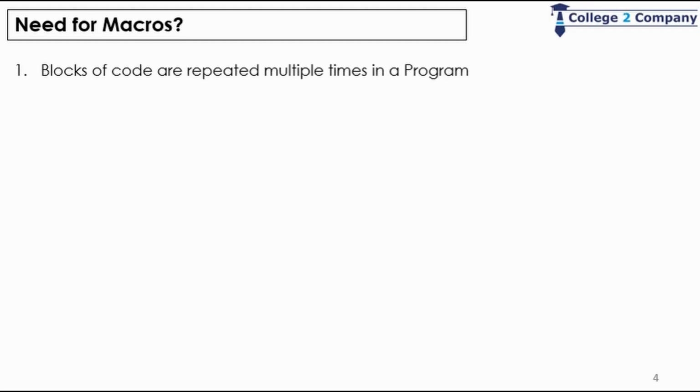Very often when we write programs, it is necessary to repeat some blocks of code many times instead of writing the same instructions over and over again. It is very useful to define it once and then use some sort of an abbreviation to represent the repeated lines of code.